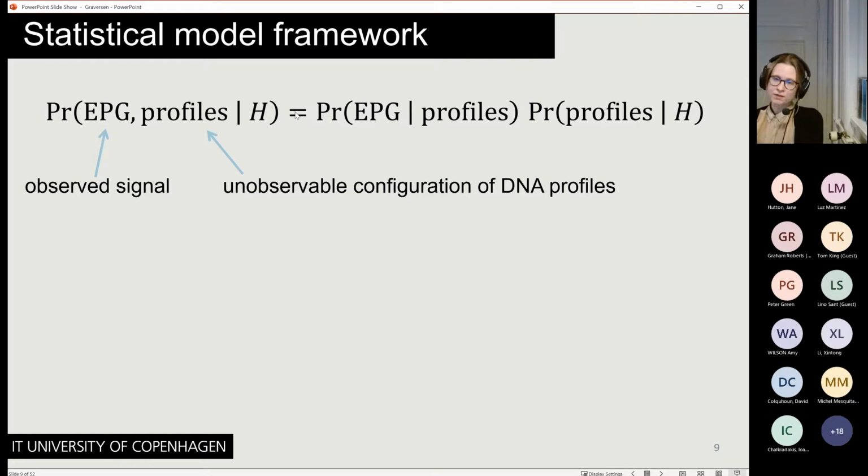It naturally breaks down into 2 components as I see it. You could say the first component is: given I know exactly what DNA, so the fully specified profiles, the actual alleles, all markers, what is the distribution of the associated EPG I will see?